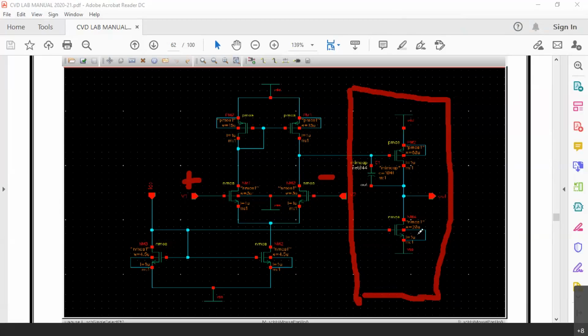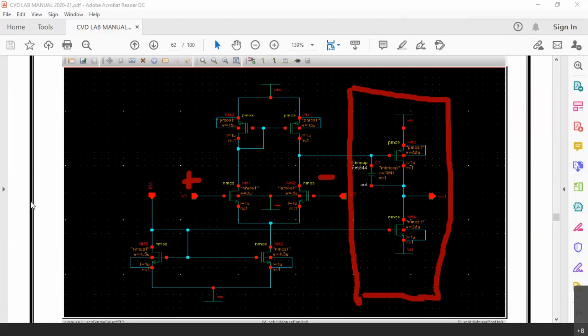You can see the width of this NMOS FET is 20 micrometer when compared to this particular NM2 where it is only 4.5 micrometer. So by means of the device dimension, NM4 is kept in the linear region, so it is working like a resistor there. So across the resistor we are taking the output. So this is also a common source amplifier only. The only difference is it is a PMOS FET which is the amplifying transistor.